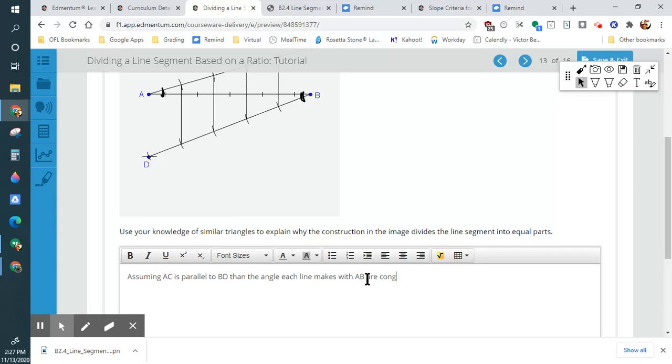They're congruent because they're two separate lines. So I'm saying these two angles are congruent.